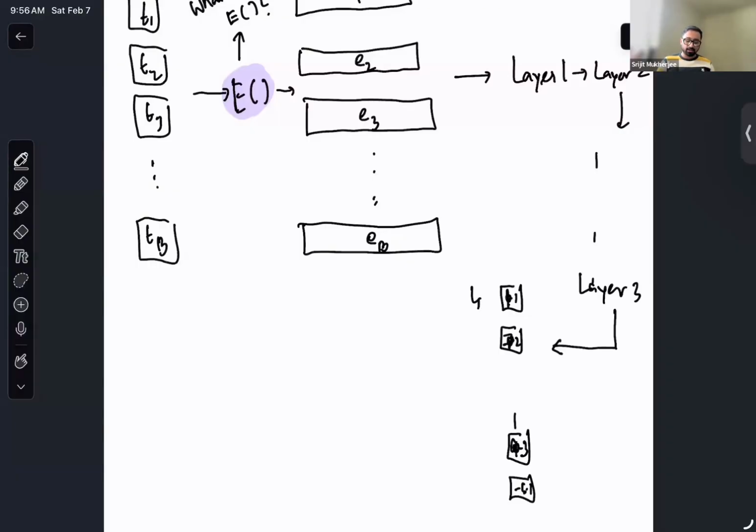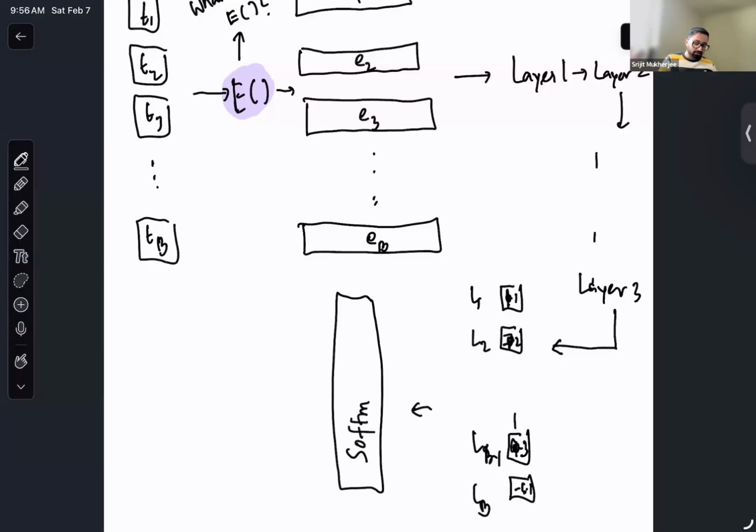Let's call them L1, L2, up to LB minus 1 and LB. These are called logits. And this will be fed into a softmax layer. Softmax is a way to convert any such numbers into probabilities. So P1, P2, dot, PB.